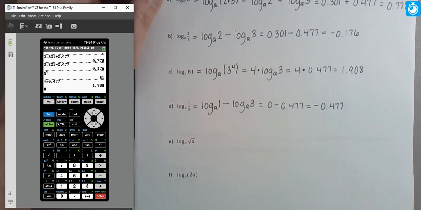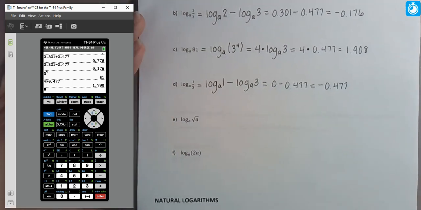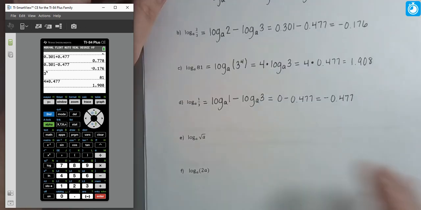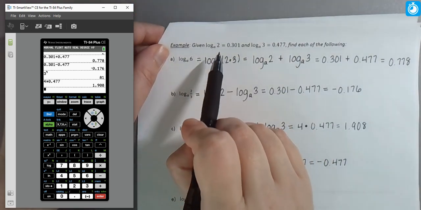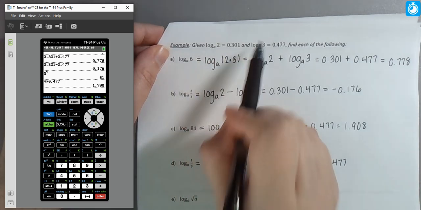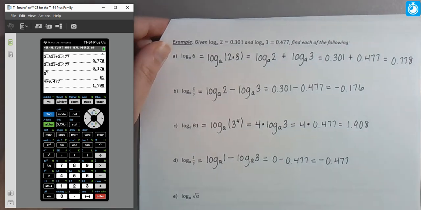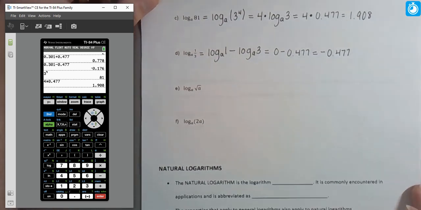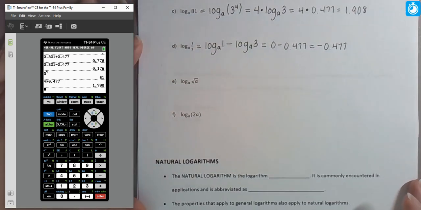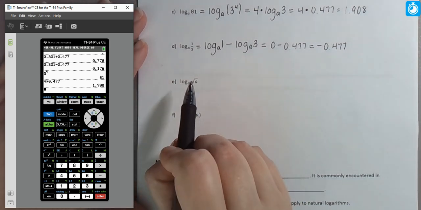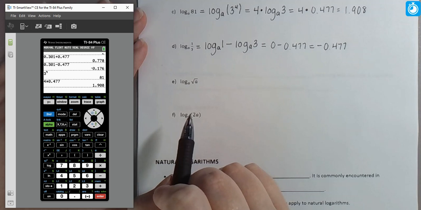Okay, what about the next one? Log base A of the square root of A. Well, I don't see anything related to base A and an input of A, so more than likely those rules are not going to help us here, which means we're going to have to fall back on those other rules. From all of that derivative expertise we now have, we know that square roots can be written with an exponent.